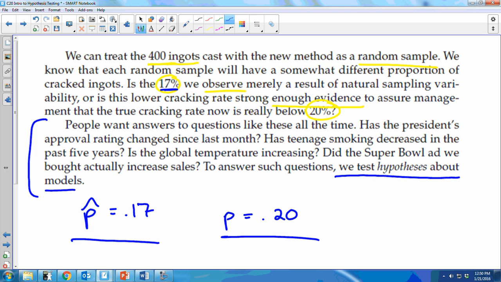And then you have 20% is what's happening, they think, in the population for like all ingots. Everyone with me? Okay. Again, we're trying to see if that 15% is significant or not. That's what we're always going to be looking for in the hypothesis test. Is that enough evidence? Okay? Or is it just sample to sample variability?